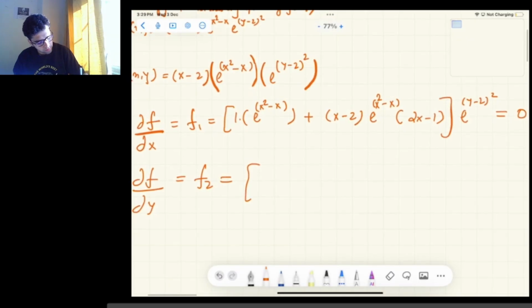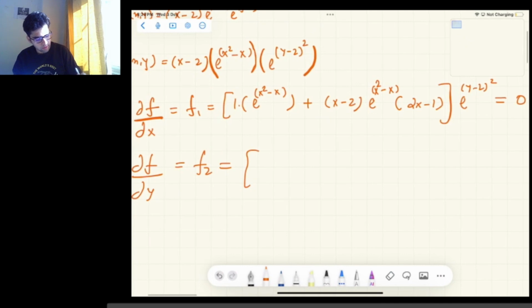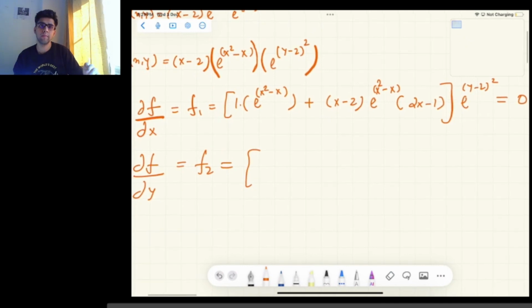Right, so (e^y minus 2) whole square was a constant term, because in partial derivatives we only differentiate with respect to one of the variables out of the two or three variables, and we treat the other variables as constants.